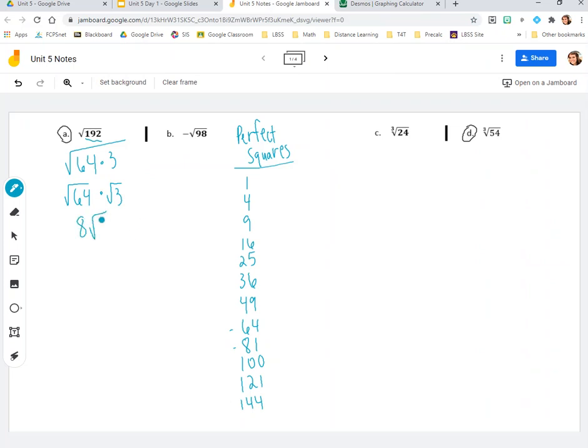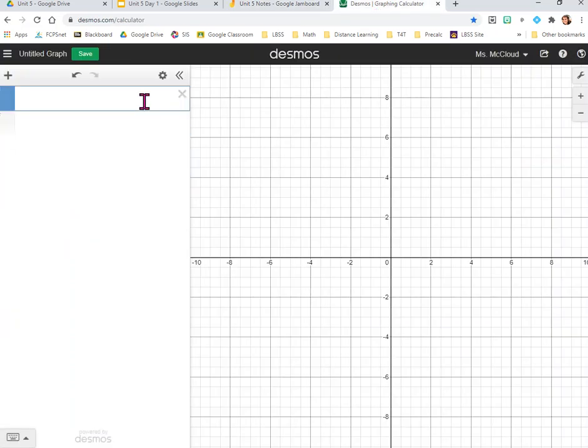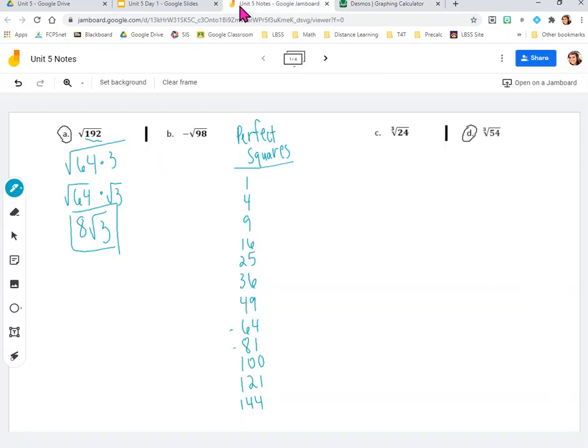So we can simplify this as 8 times the square root of 3. To check your answer, type this in the calculator and compare it to the square root of 192. I type in the square root of 192, and then 8 times the square root of 3, and I see I get the same decimal for each, meaning those are equal, meaning I simplified properly.